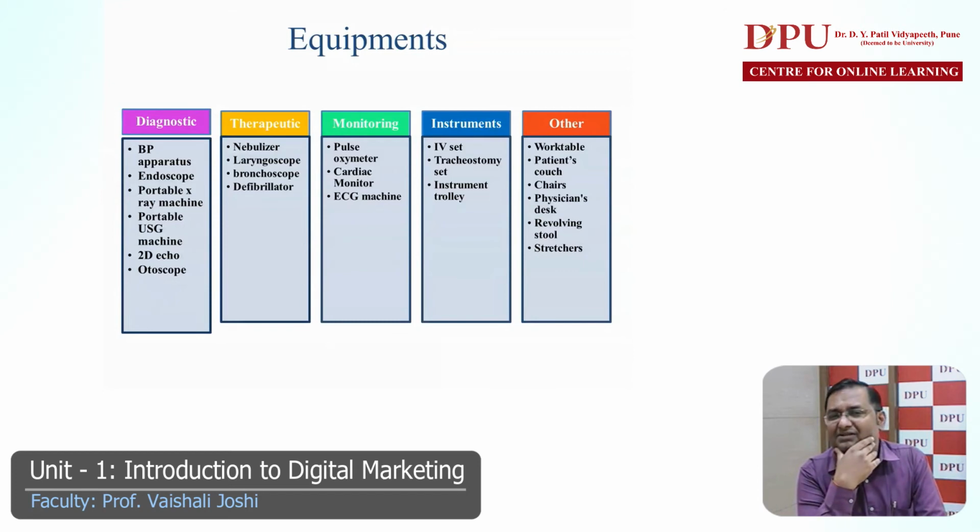And what are the other services that are being provided by the outpatient department? One major service is the monitoring of patients. You can monitor the pulse rate of the patient, the oxygen saturation, and the cardiac activity.